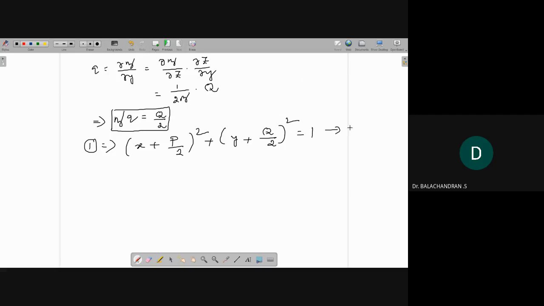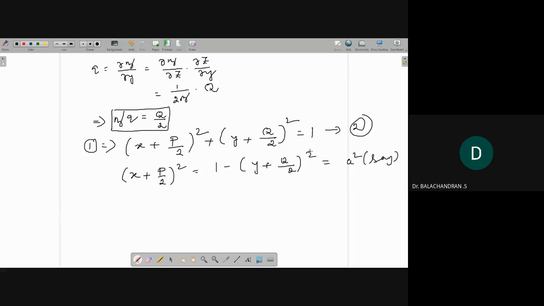You call this equation 2, and you can easily identify this comes under type number 4, separable equation. P and x are on one side, and Q and y are on the other side. So x plus capital P by 2 whole square equal to 1 minus y plus Q by 2 whole square, equal to some constant a square.